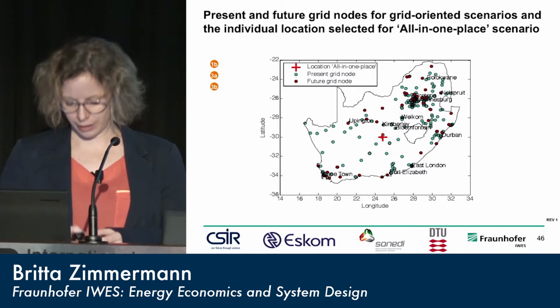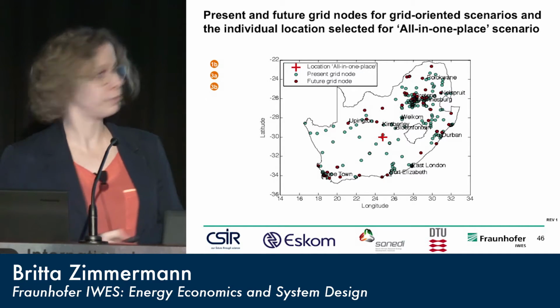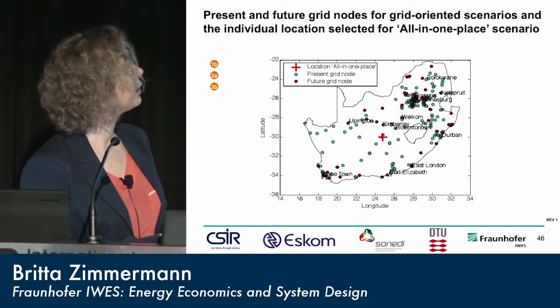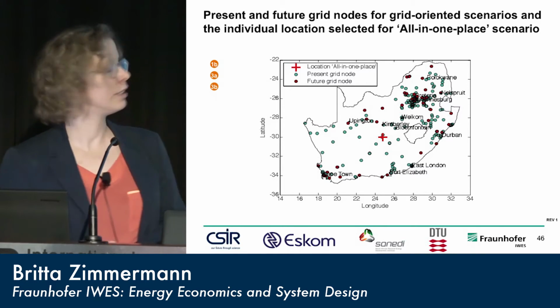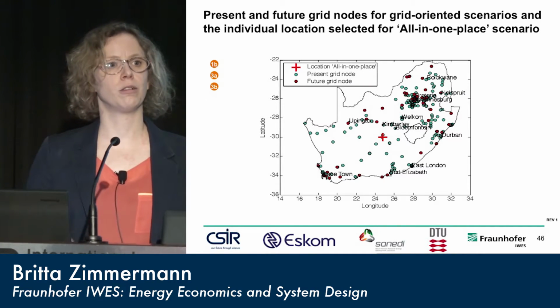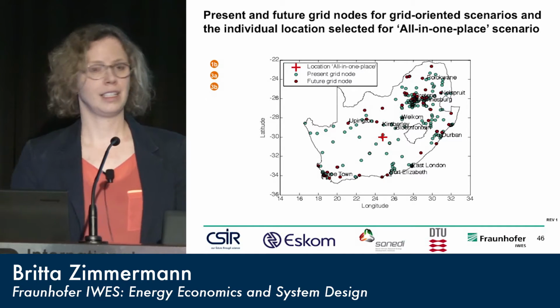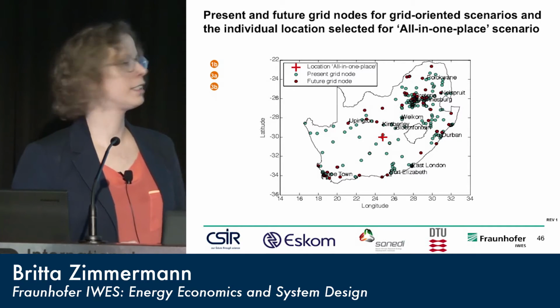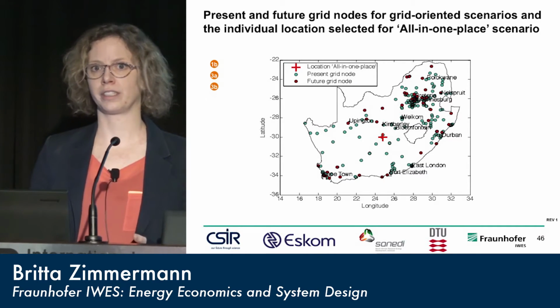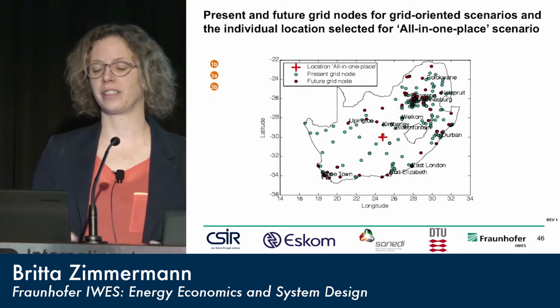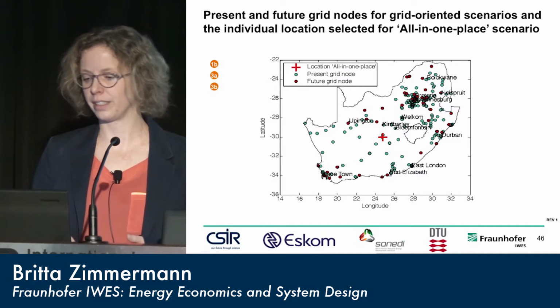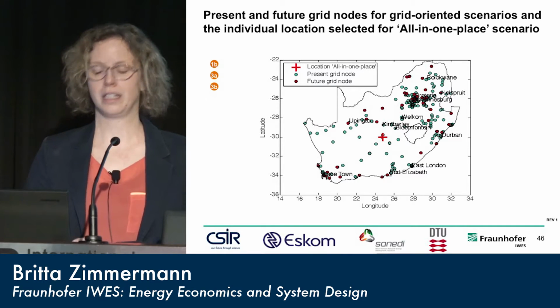In this picture you can see, first of all, this red cross here. This is the location of the all-in-one place scenario. It's a pixel that is slightly above average, so it has slightly better conditions than an average pixel in South Africa.